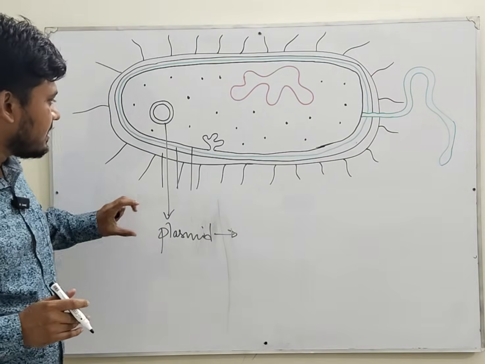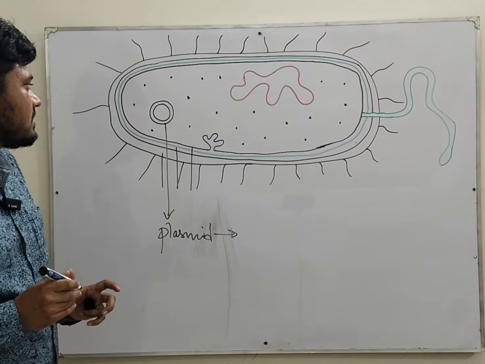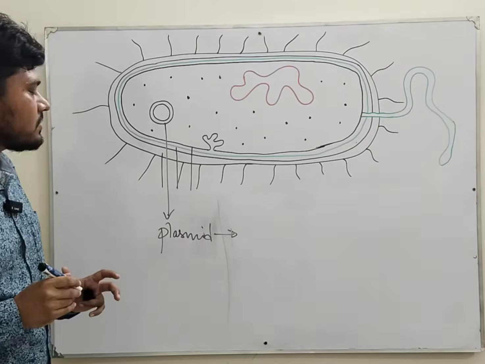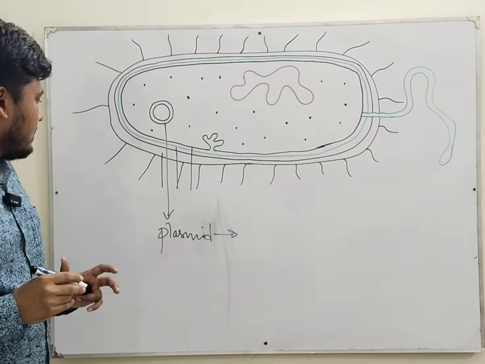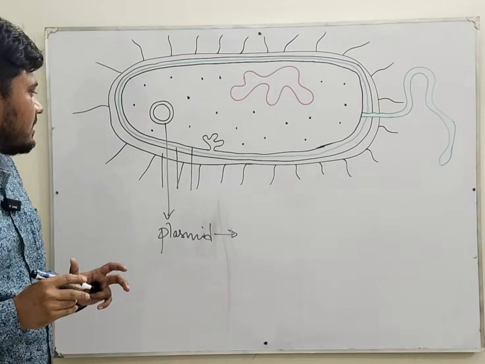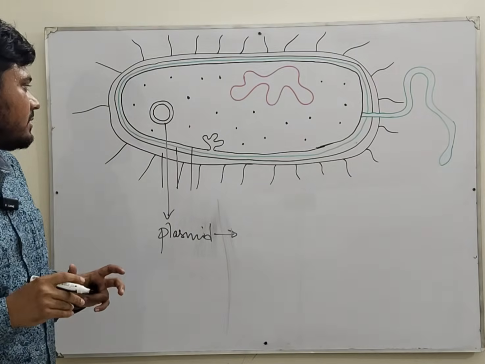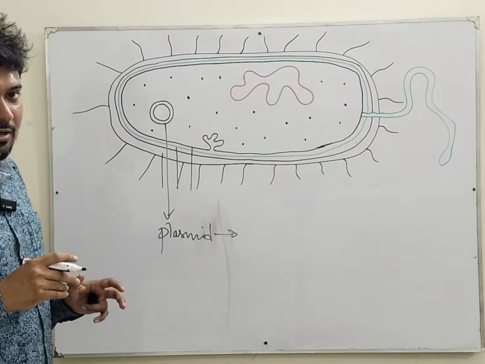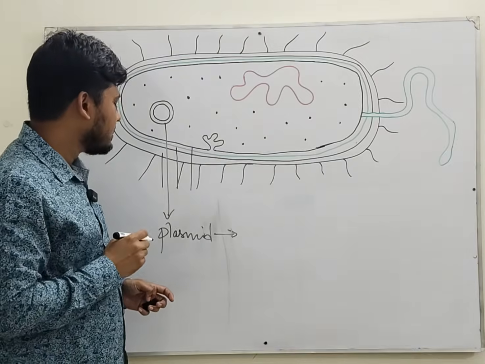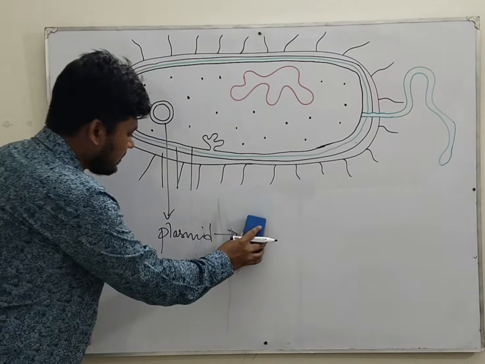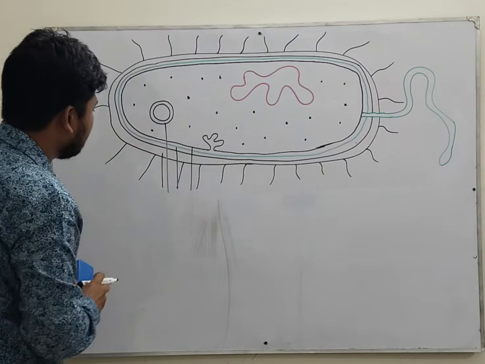This plasmid carries genes for antibiotic resistance, also for resistance to heavy metal, and plasmid can be transferred from one bacteria to another and transfer resistance gene through conjugation, and this conjugation occurs through a component called sex pili.